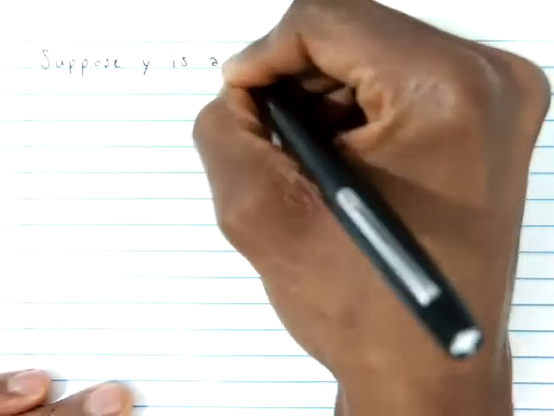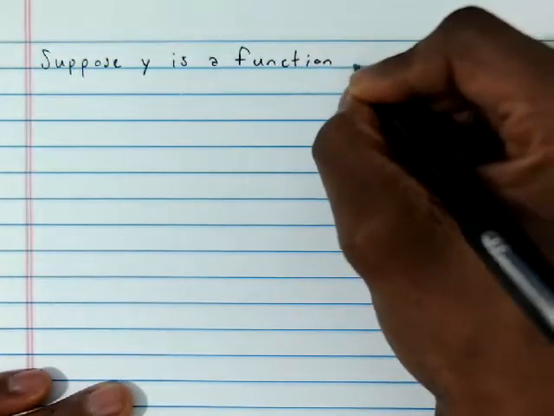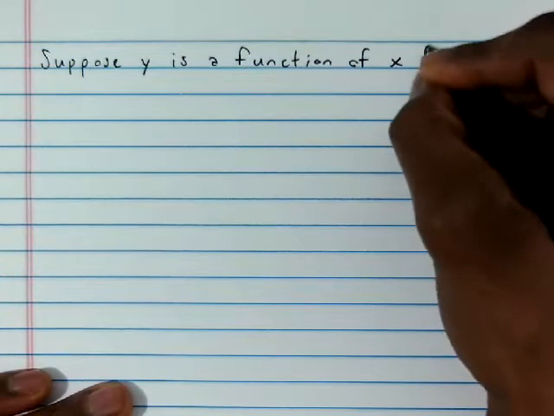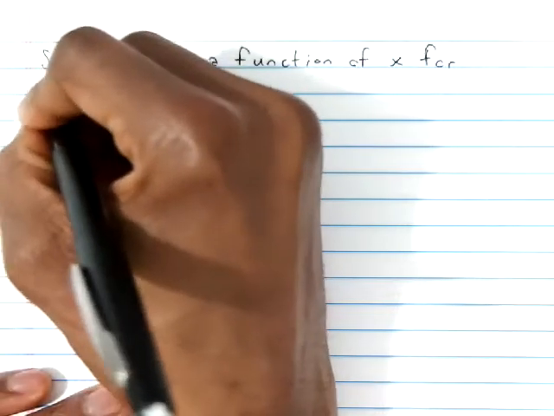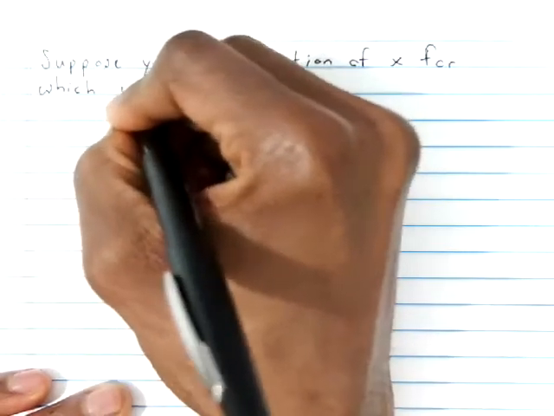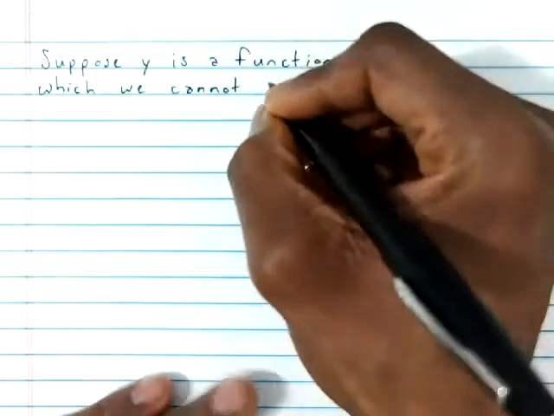So suppose y is a function of x for which we cannot explicitly solve for y.